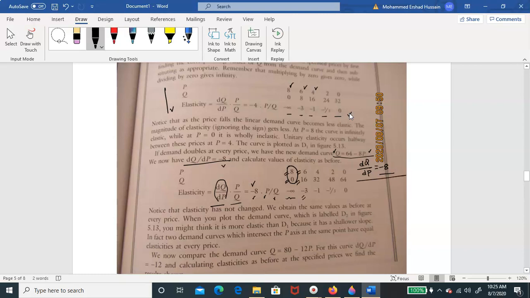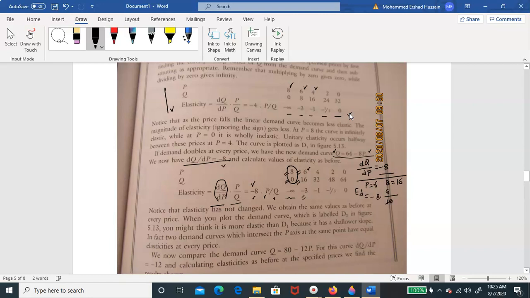So let us try that one. What we are saying is that we want to measure elasticity such that price is equal to 6 and quantity equal to 16, right? So let us now try. This is -8, and then price is 6, and quantity is 16.